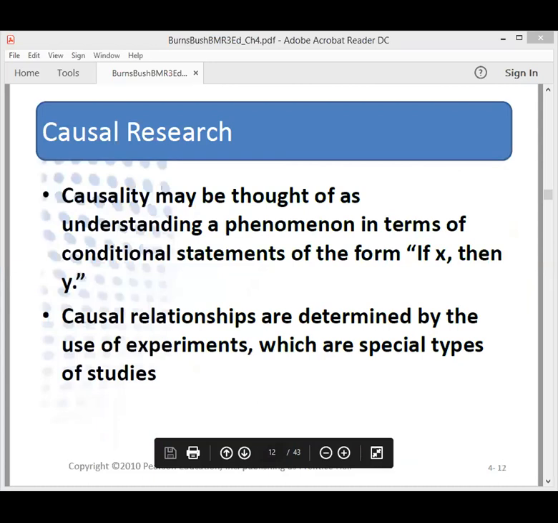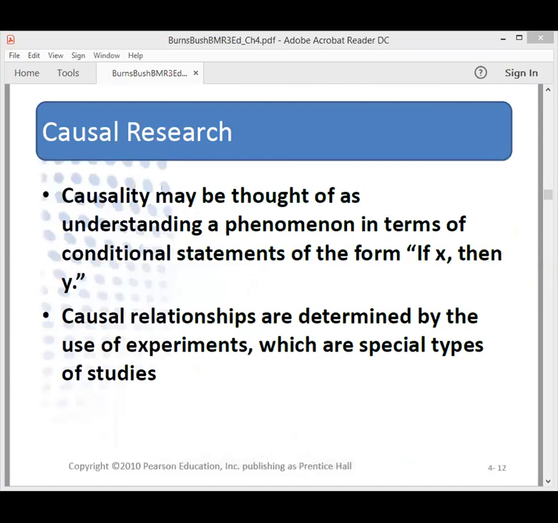Causality may be thought of as understanding a problem in terms of an if-then relationship. If something happens, then something else will happen. Causal relationships are determined by the use of experiments, which are special types of studies.